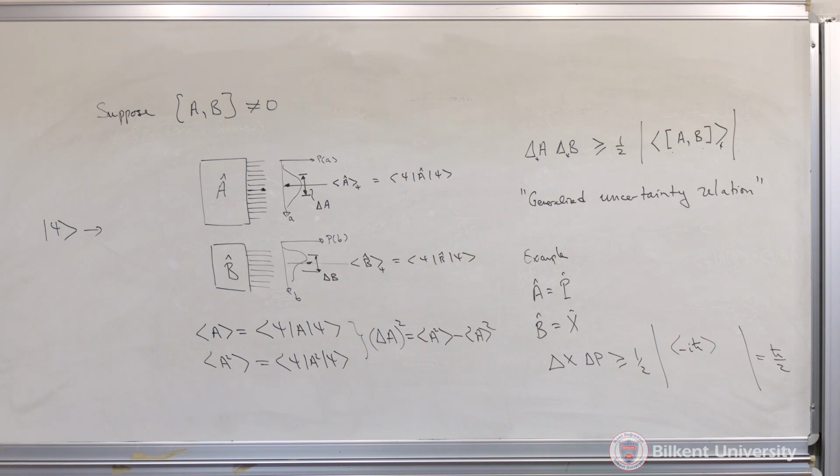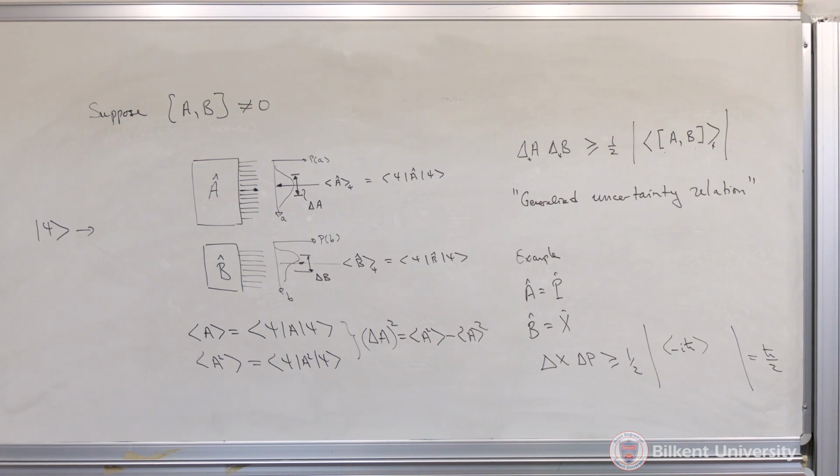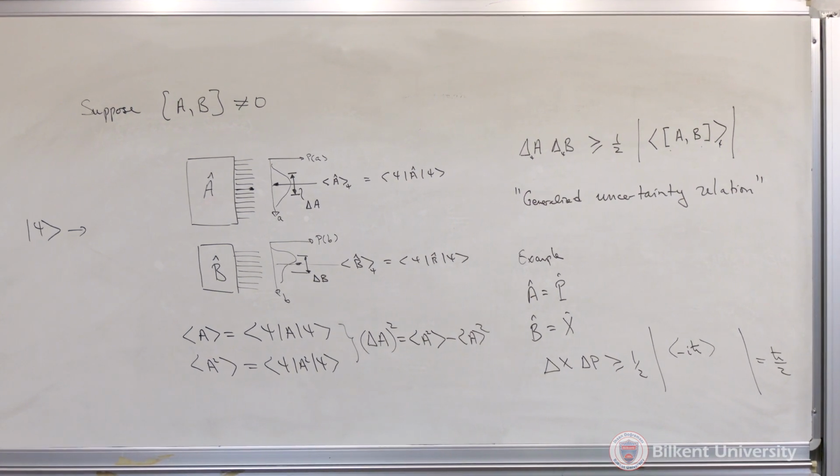So we have 0 greater than or equal to 0. Okay, yes, good point. For a very special case like that, you would have 0 uncertainty, although the operators in general do not commute.